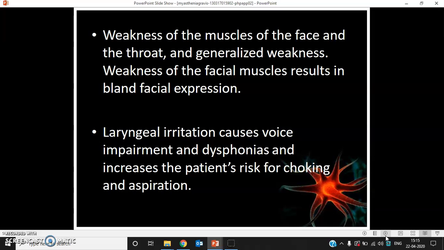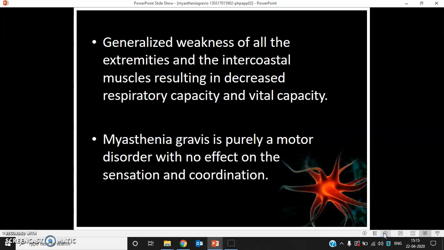This will cause laryngeal irritation or dysphonia, and there will be an increased risk of choking, because when we eat something, we use our muscles and signals to swallow. Patients with myasthenia gravis are in more danger of choking if they are eating anything.